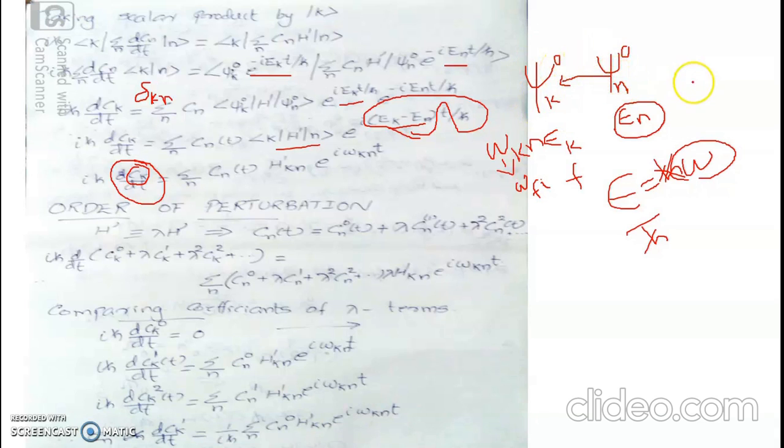But if you are looking at a single atom, it can have a single initial energy state, and it can have only a single final energy state. So once you are looking into the specific case of a single atom, then psi n0 and psi k0 have one and only one option, as long as the initial quantum state and final quantum state are concerned.